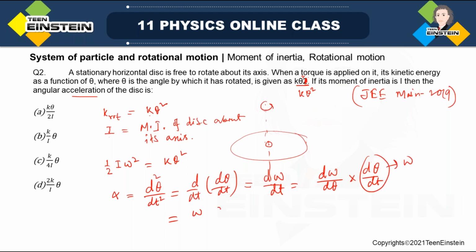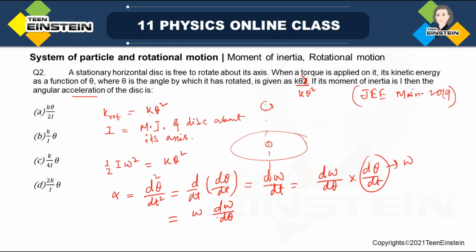We have seen in the kinematics part, v dv dx. So here also, omega d omega d theta, where theta is the angular displacement and omega is angular velocity. Why am I writing this in terms of omega? Because we have been given a relationship between omega and theta, so we can find out omega d omega d theta.